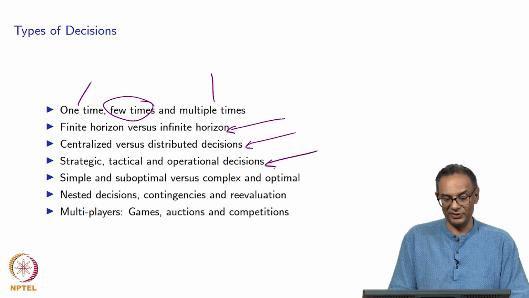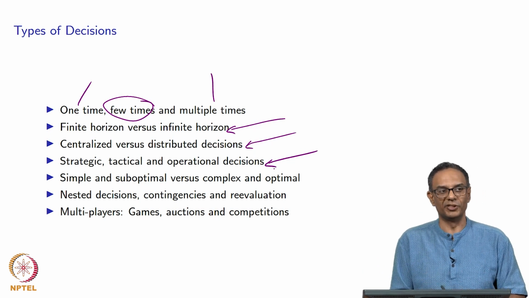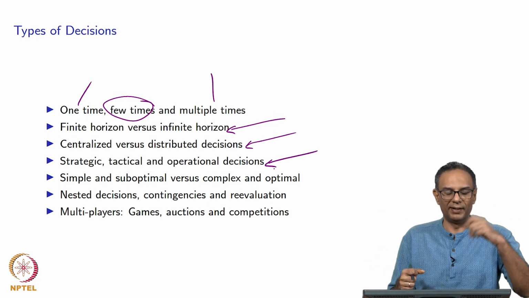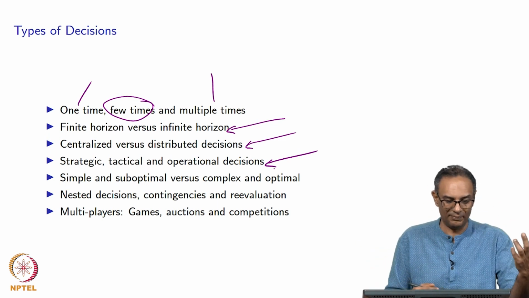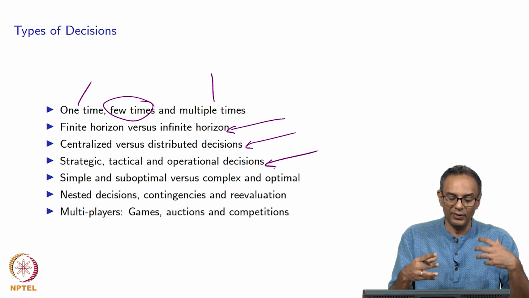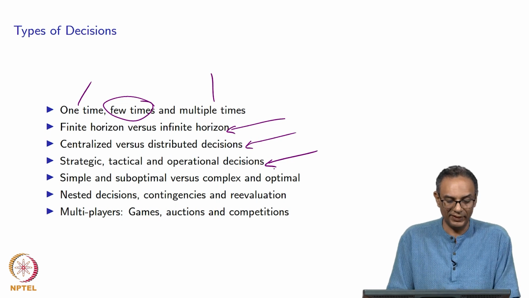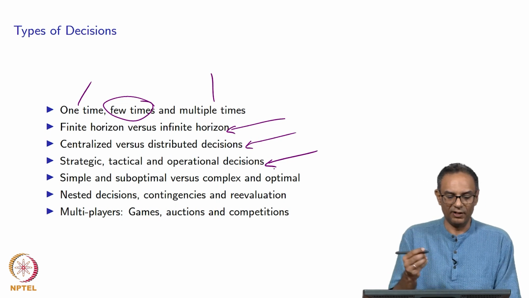That's a tactical decision. And then I have to make operational decisions, like every day, how much power do I buy and how much power do I sell, and the market price is, you're going to get the market price. You have to make several decisions about the operations on an hourly or a secondly basis. Okay, so that's the strategic, tactical, and operational decisions.